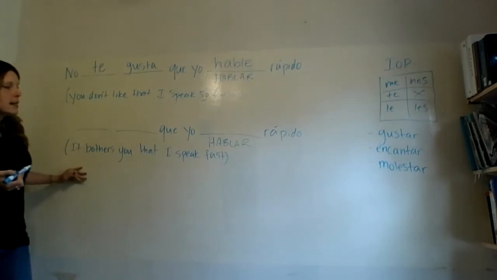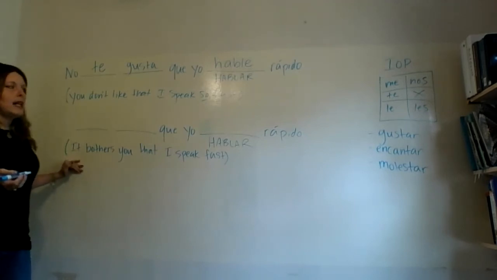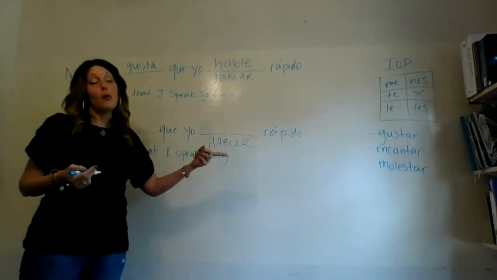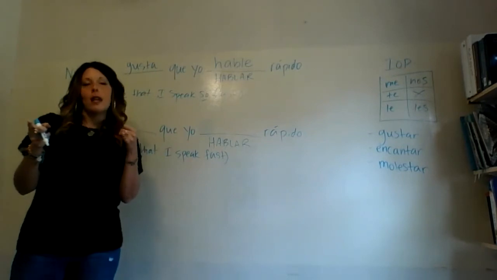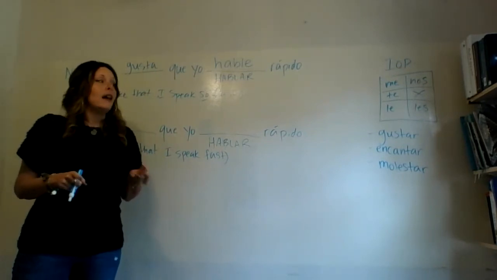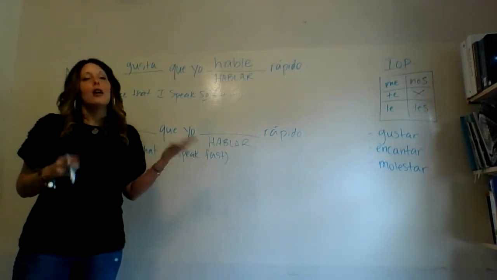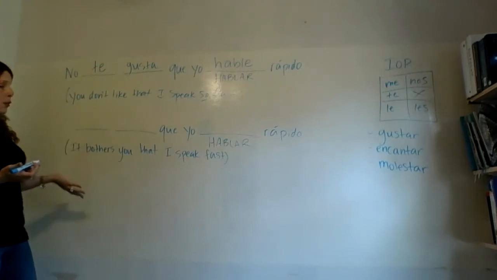In the next sort of parallel sentence, now we're saying, it bothers you that I speak fast. Which one of those verbs over there in the present tense would we have to use? Gustar? Nope, because that's whenever something is liked. Encantar? Nope, because that's when something is loved. And so we're only left with molestar when something is bothersome. So it bothers you.